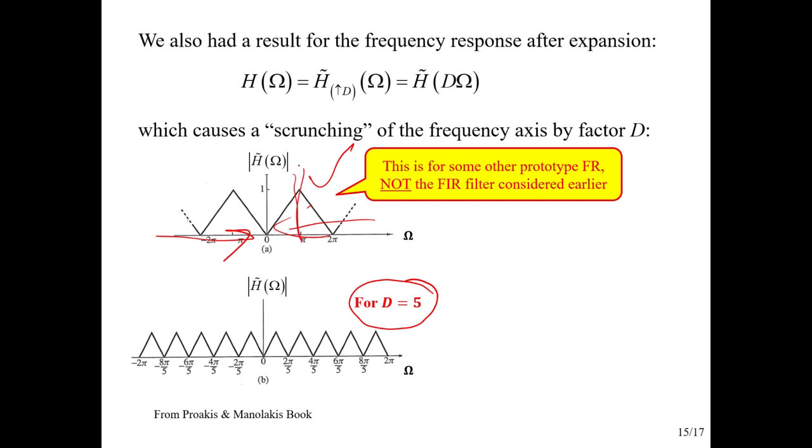So now this peak here, the top of the tooth that was at pi, is now at pi over 5. And this thing out here that was at 2 pi is now at 2 pi over 5.